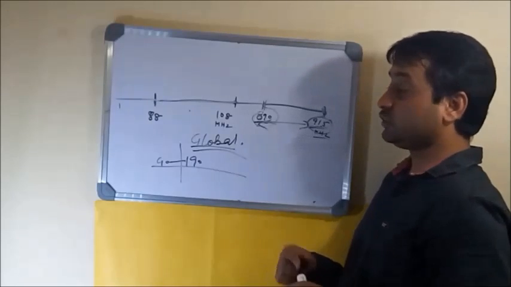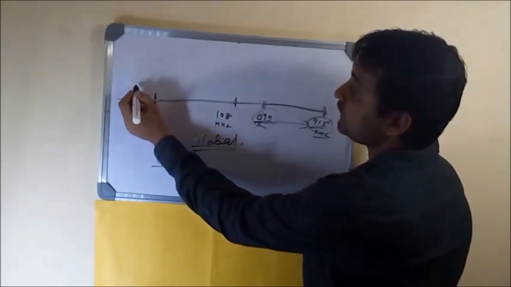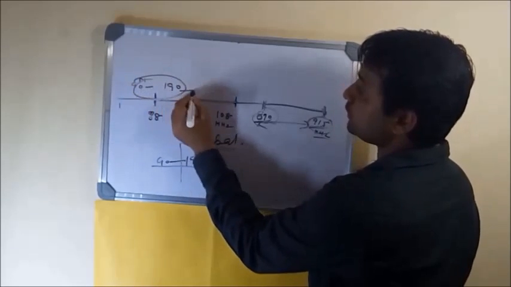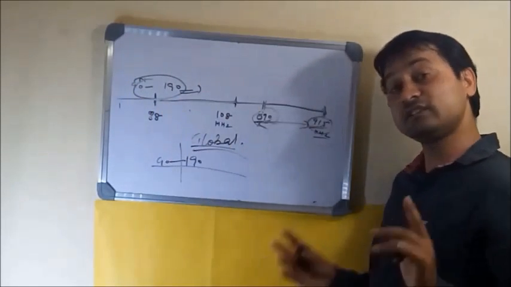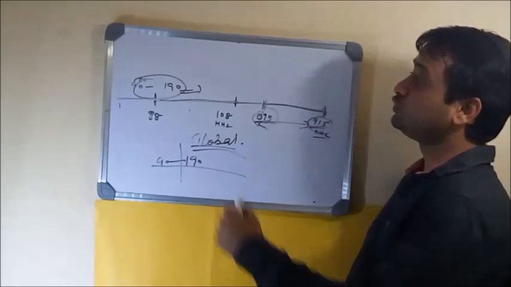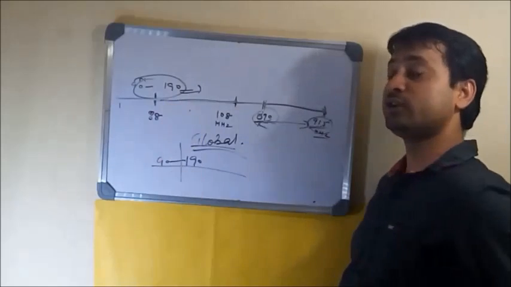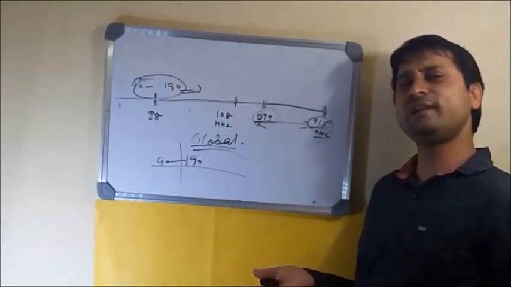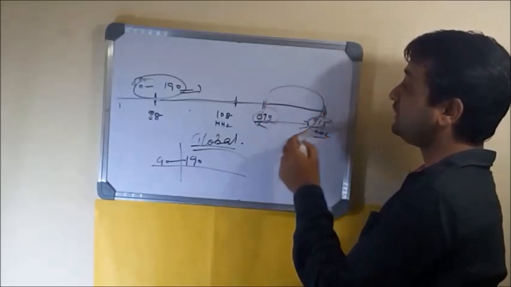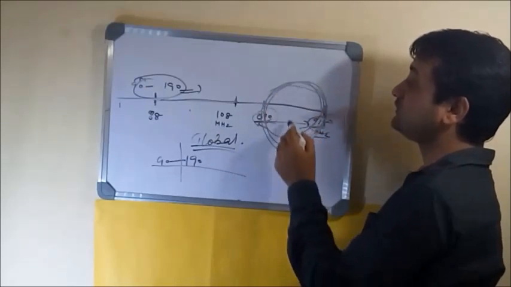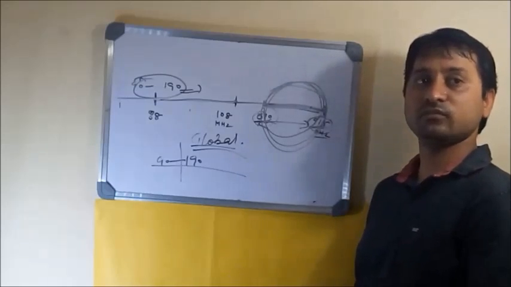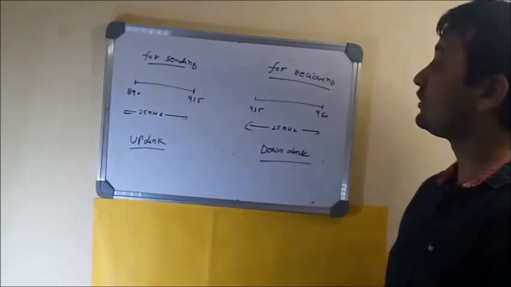But it is not necessary that if India uses 90 to 190 megahertz for defense or military, the US, the UK or some other country will also use 90 to 190 megahertz for military operation. It is independent. It can use other frequencies. But for GSM operation, every country must reserve this band of frequency.